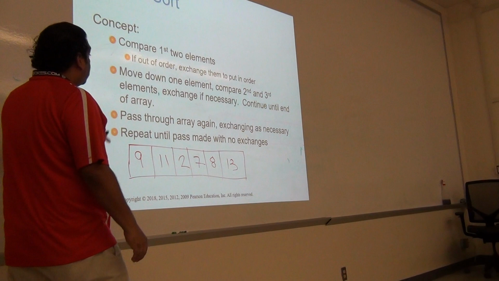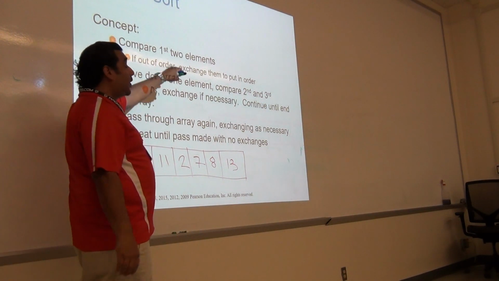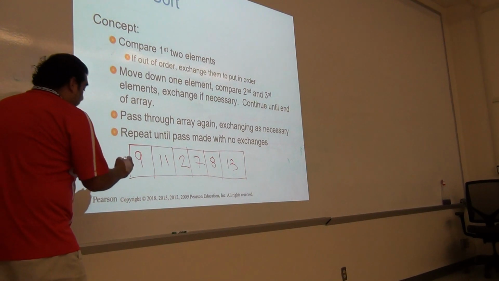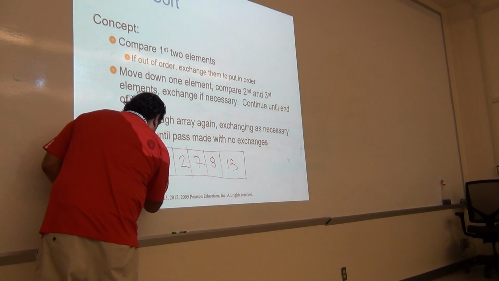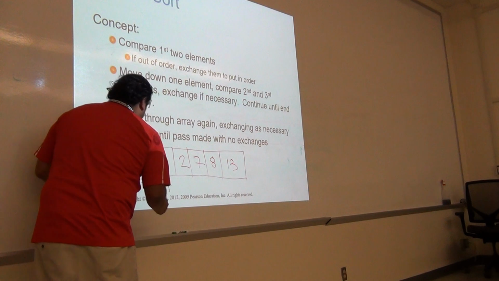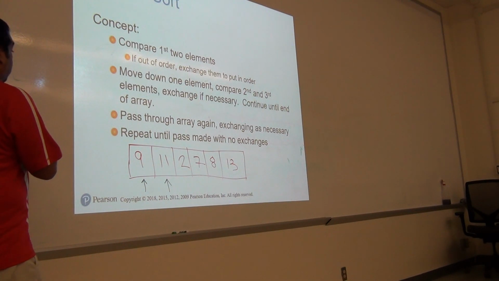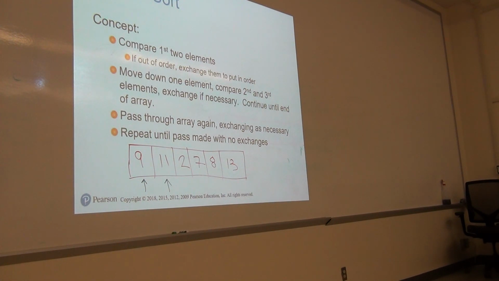So, the first thing that we're going to do is compare the first two elements. Here is element 0. Here is element 1. I'm going to test them. I'm just going to call it array.